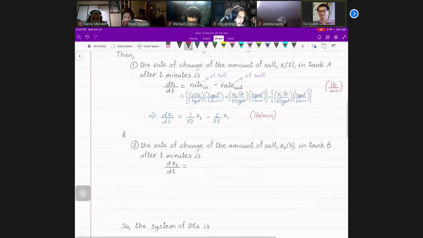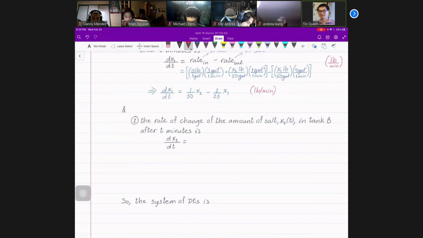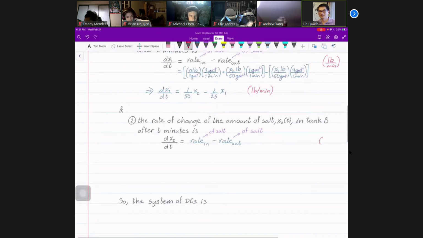The rate for x of 2, again, is the rate coming in minus the rate coming out. Again, this is the rate of salt, so the unit has to be pounds per minute.